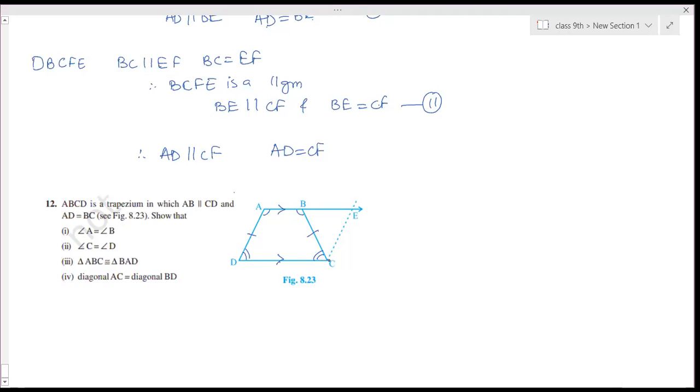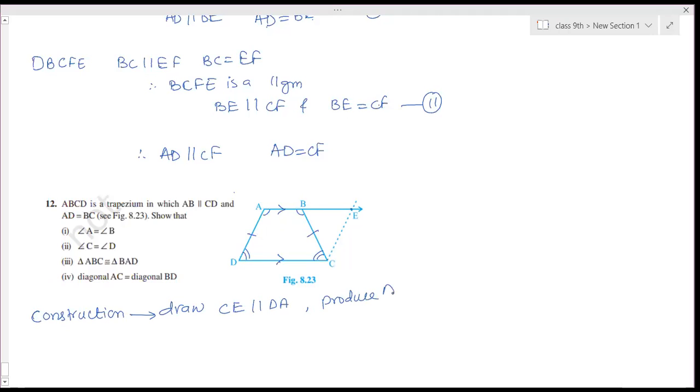We have to take line CE parallel to AD and produce AB to meet at point E. This is construction. Draw CE parallel to DA.